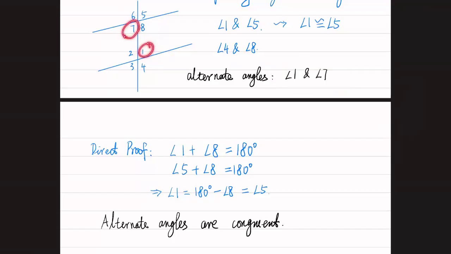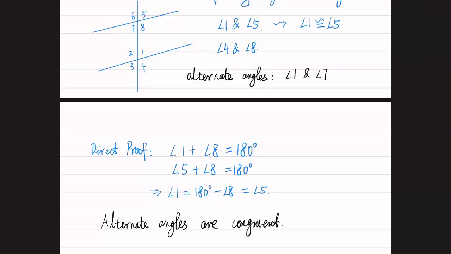Since the lines are parallel and they're crossed by the same transversal, I guess the interior angles on opposite sides would be equal because the parallel lines cross the transversal at the same degree. Okay, that is correct, but we want to build our proof only on the five postulates.